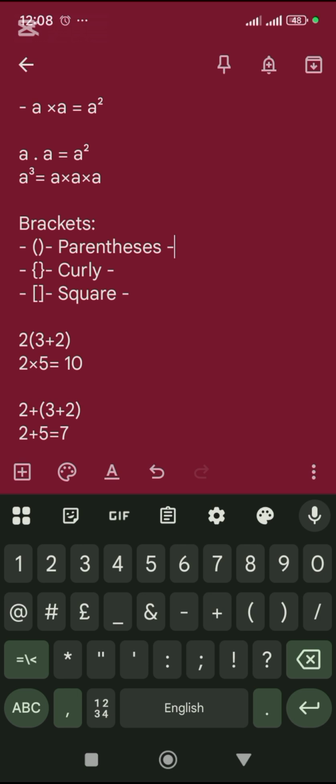The next to solve is the operations around the curly bracket, and the final one to solve is the one within the square bracket. So usually you will always have the parenthesis inside, followed by the curly bracket, and then finally the square bracket. So this is how you solve operations involving parentheses.